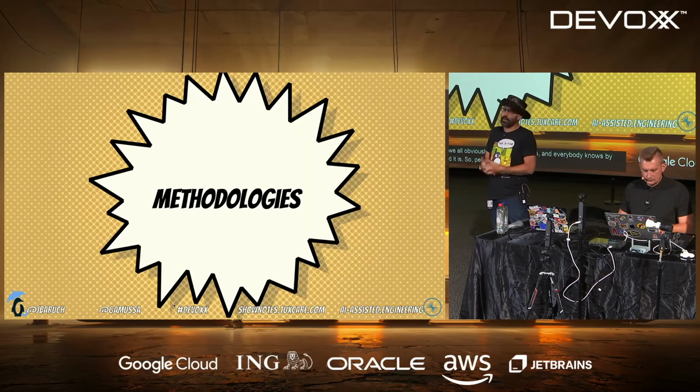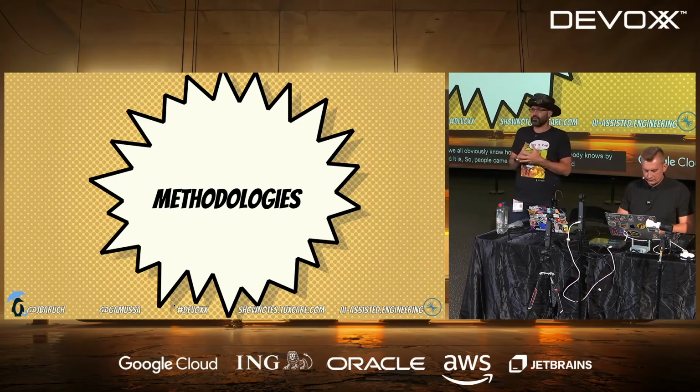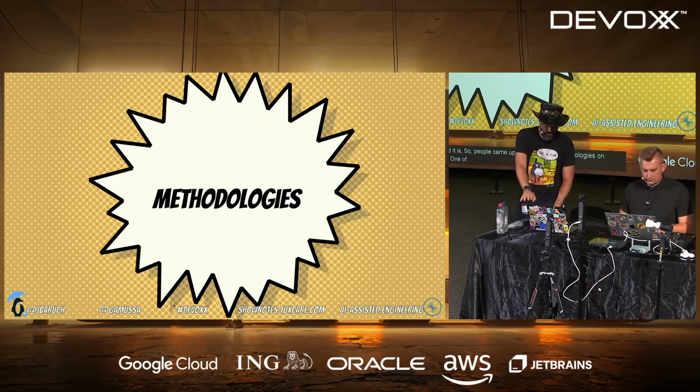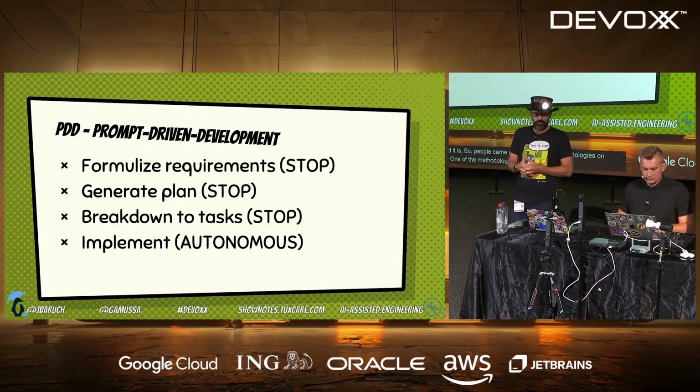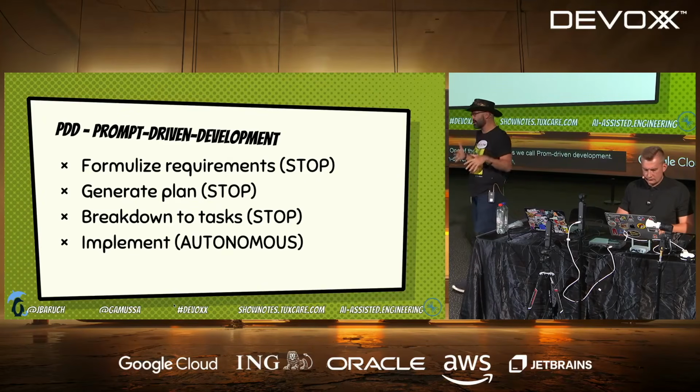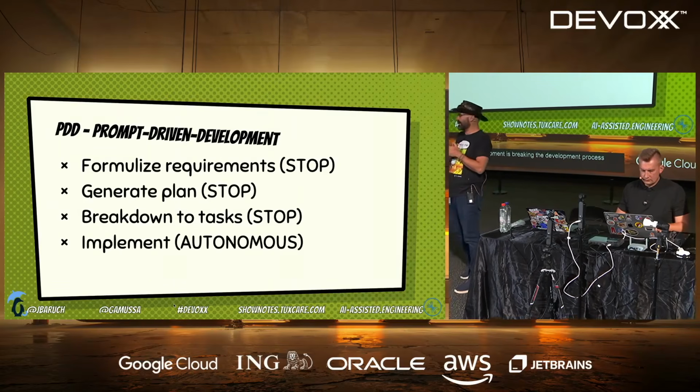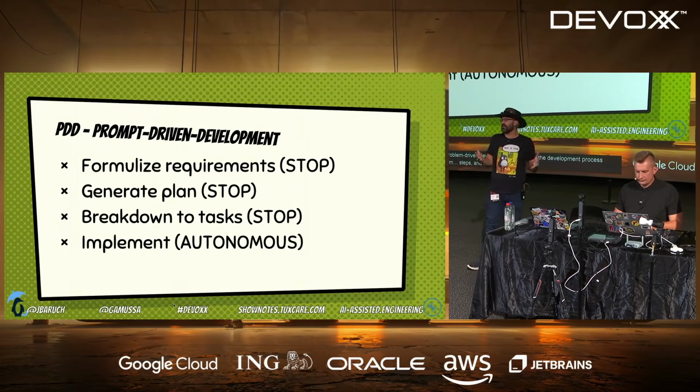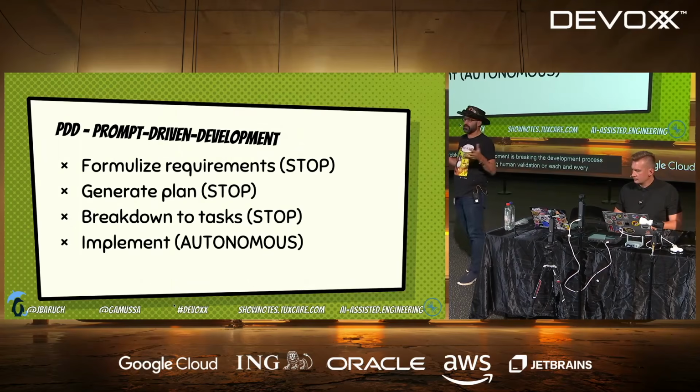So people came up with different methodologies on how to do it. One of them we call prompt-driven development. Prompt-driven development is breaking the development process into steps and having human validation on each and every step to check that it actually does the right thing.